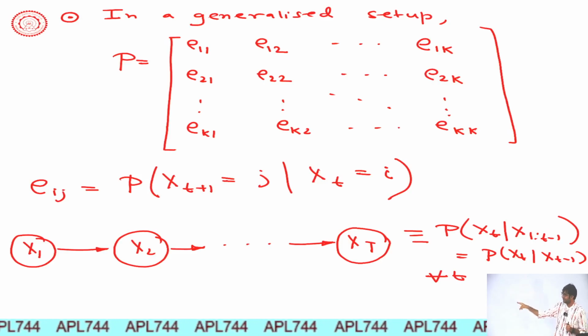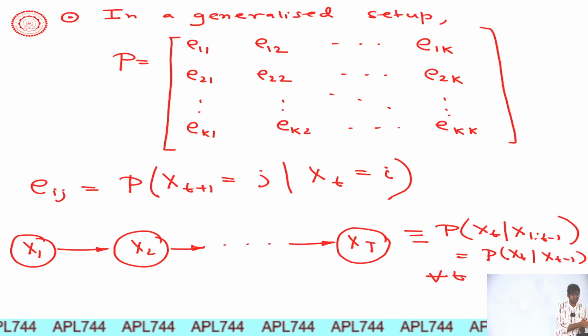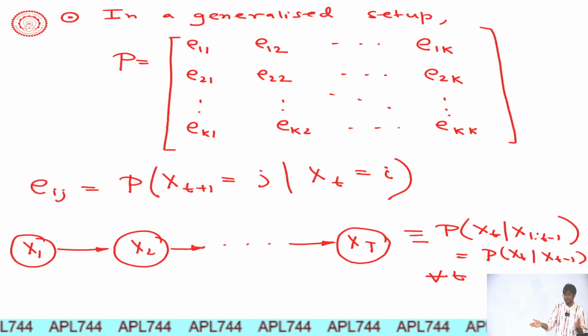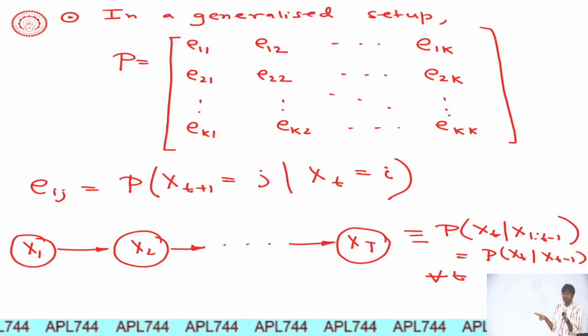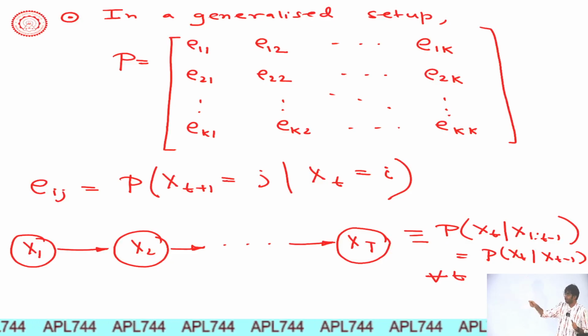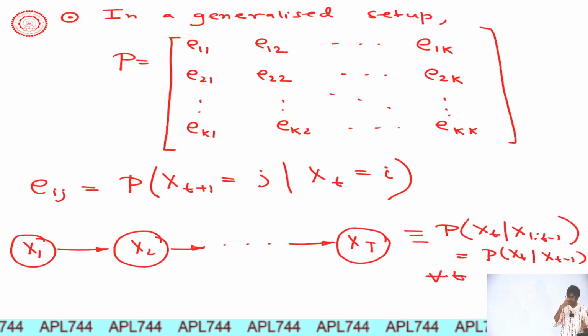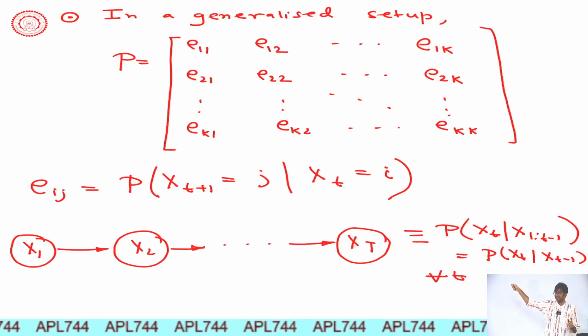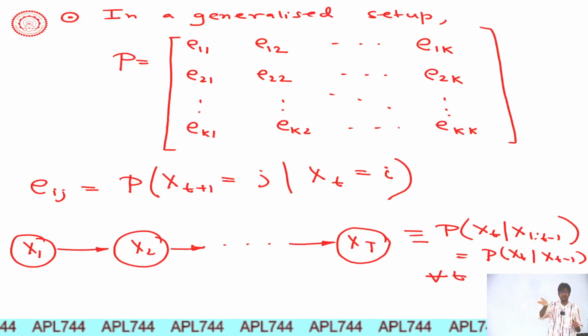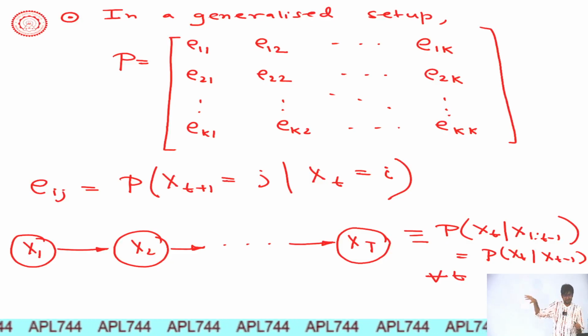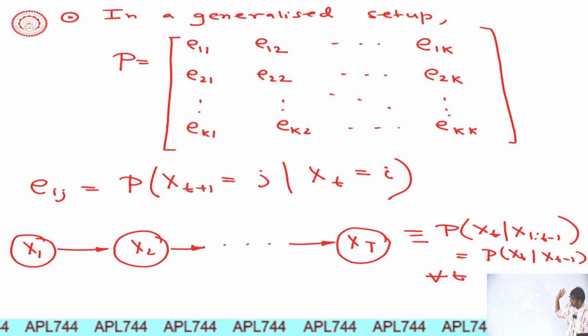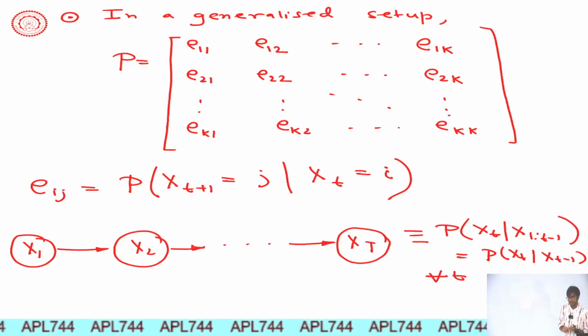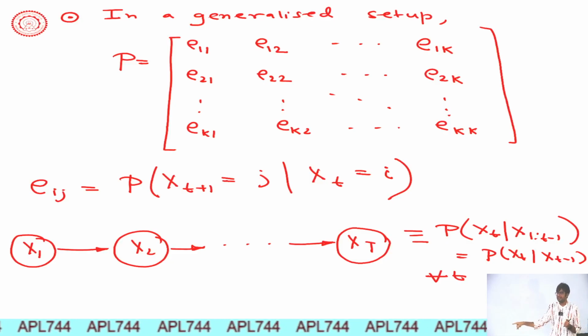They are not unconditionally independent. X naught has an influence on xt, but it is through x1, x2, up to xt minus 1. If you condition on something, then it becomes conditionally independent. So this is a classic case where xt and x0 are conditionally independent but not independent.